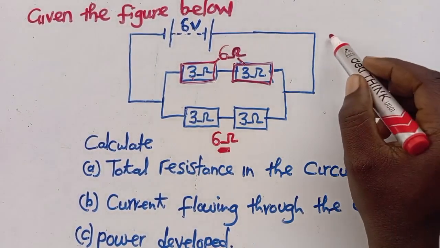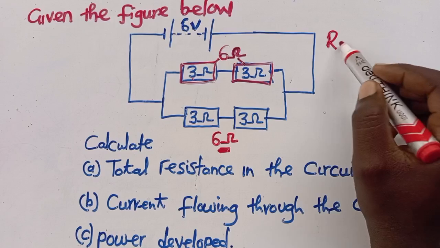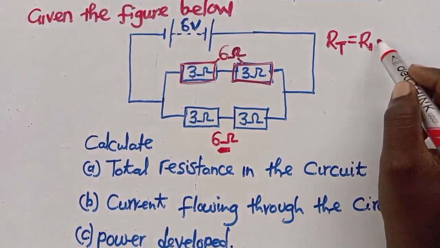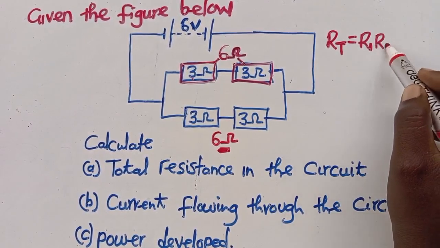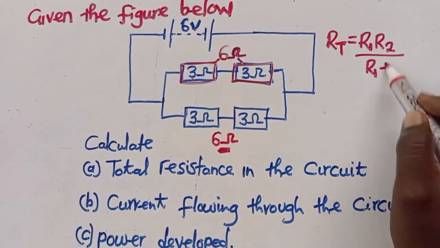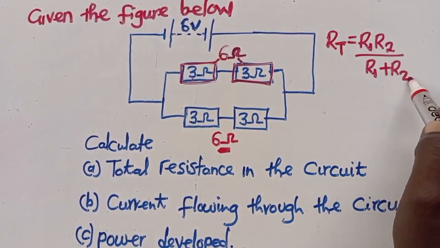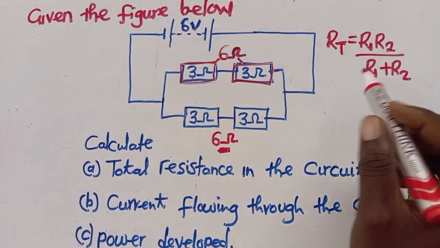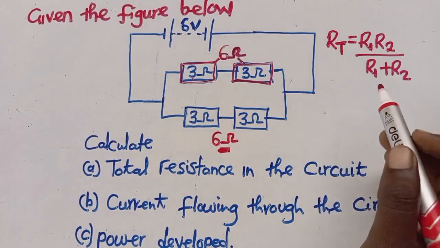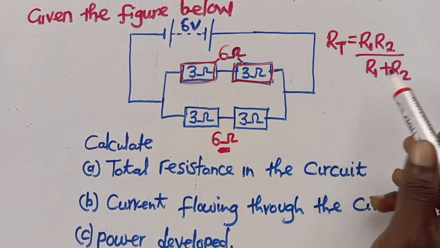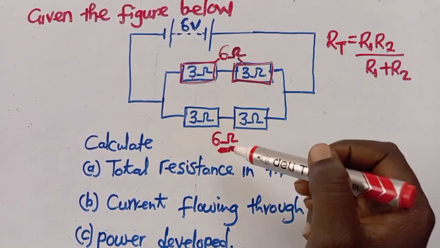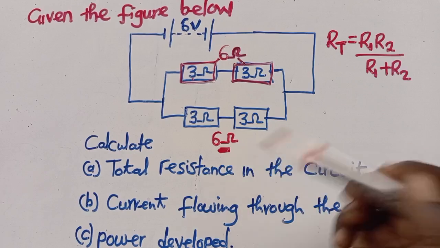We use this particular formula: total resistance is equal to resistor 1 multiplied by resistor 2, over resistor 1 plus resistor 2. This is the formula we use when dealing with resistors connected in parallel. This is a formula you need to know. Either this one or that one can be resistor 1 or 2.